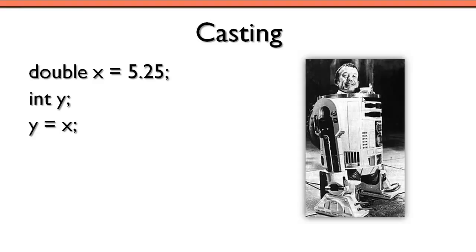What this means is you're actually telling the compiler, I want to convert this particular value for this specific expression to something else. We could do a very similar thing here where we've explicitly stated that we would like to have the value x, at least for this assignment operation, be an int value.